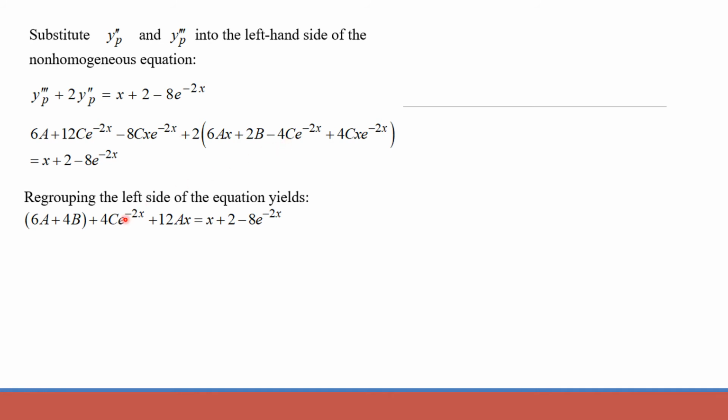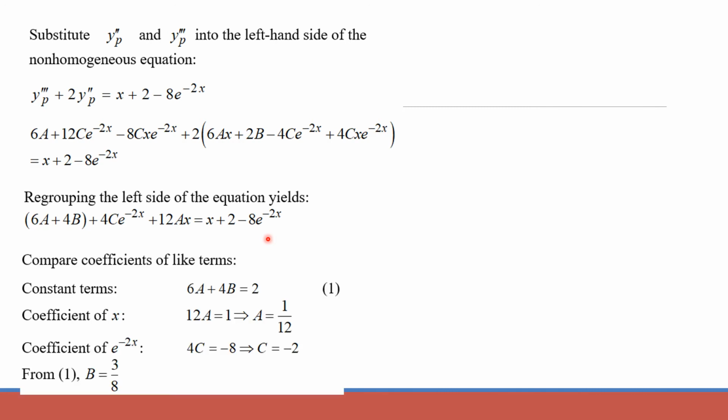That will give us 4ce to the minus 2x. The negative 8cx e to the minus 2x will be cancelled with this 8cx e to the minus 2x. So this term cancels. Plus 12ax, equal to the right hand side, x plus 2 minus 8e to the minus 2x.